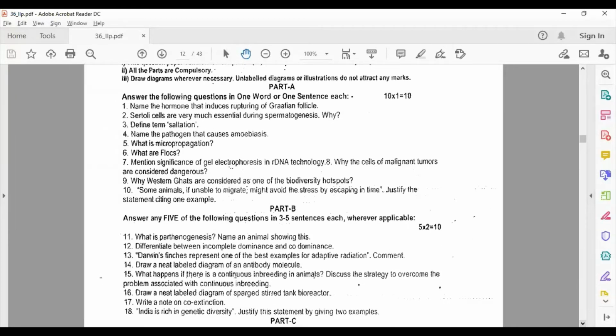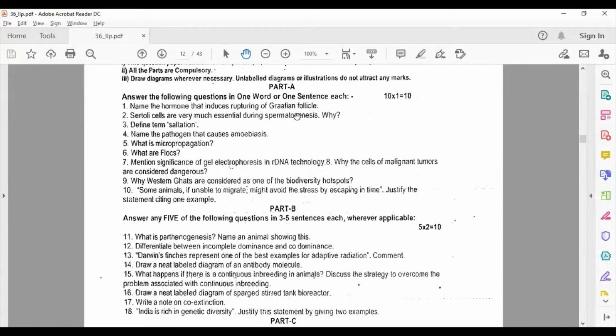Moving on to part A, under this model paper 1, you have 10 questions of 1 mark, and you have to attend all the questions. Apart from other subjects, there is no mandatory chapter-wise distribution of questions. The first question is asked from the 3rd chapter, reproduction in organisms.